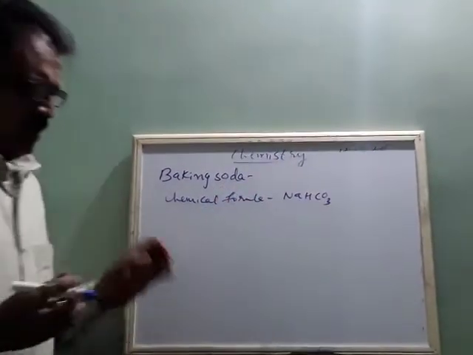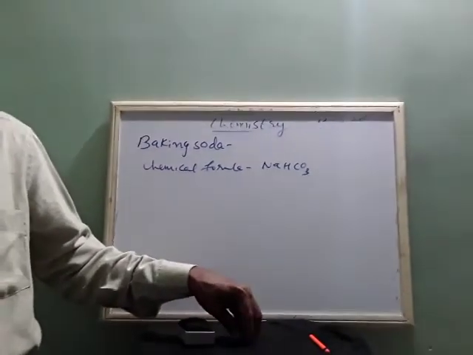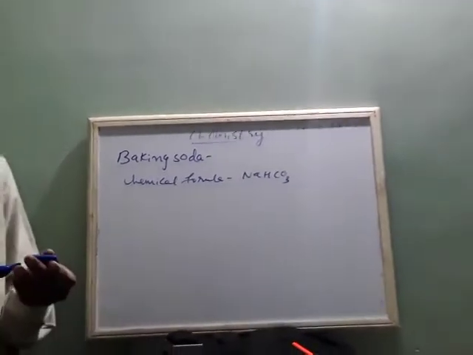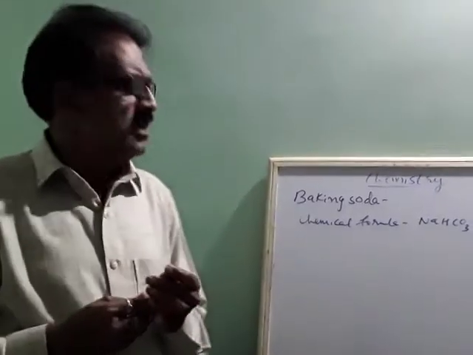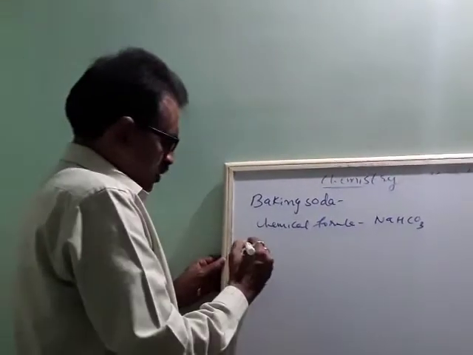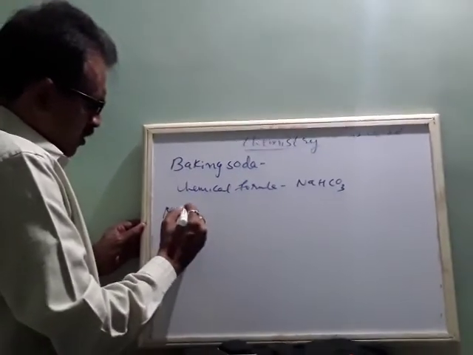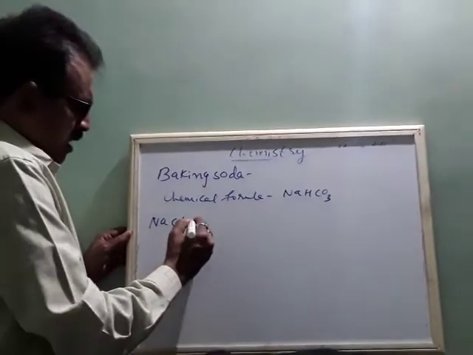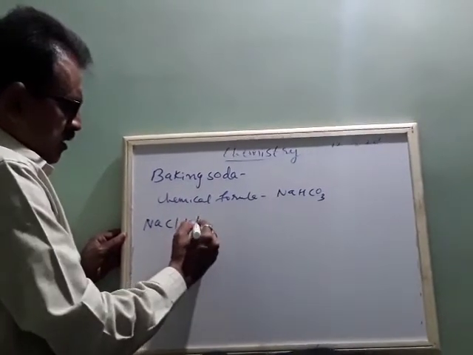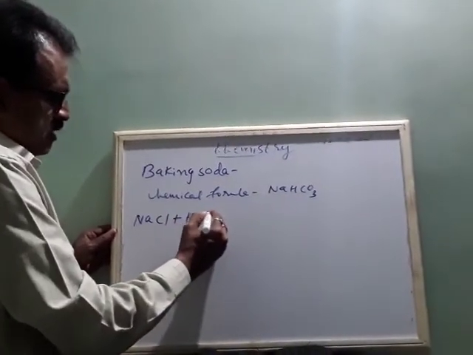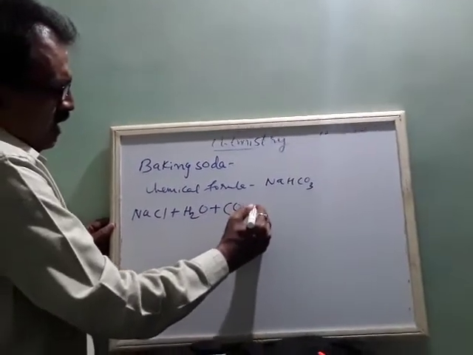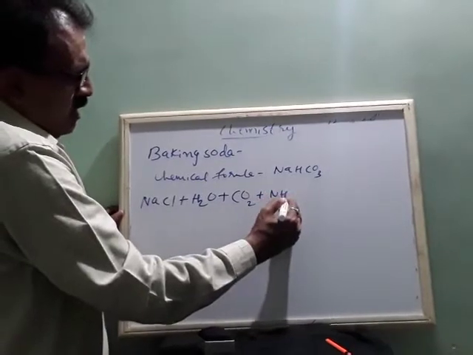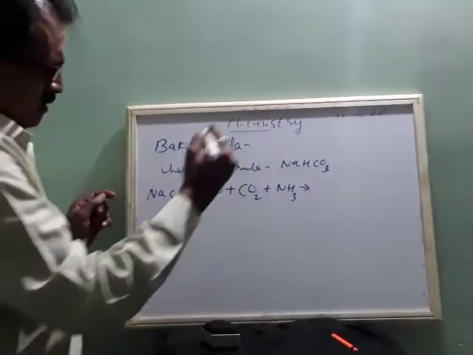Okay. So here also sodium chloride is taken as a base for the preparation of sodium bicarbonate. Sodium chloride, that is brine I think, is taken, carbon dioxide, and to this we pass ammonia gas.